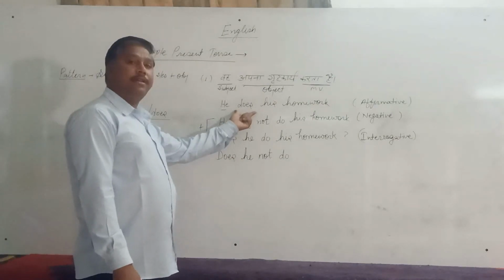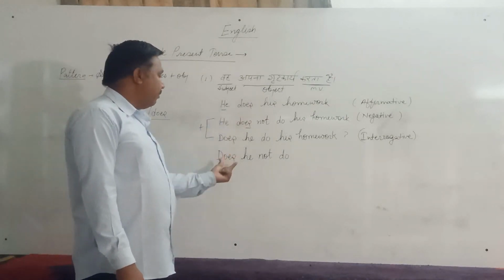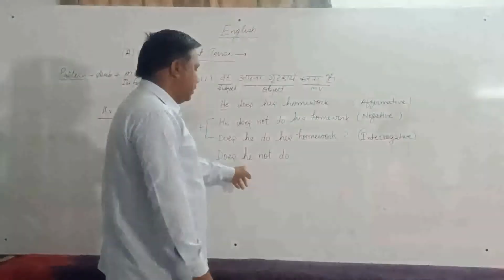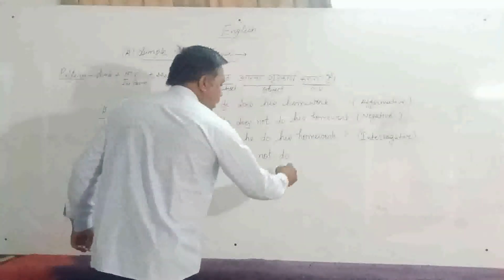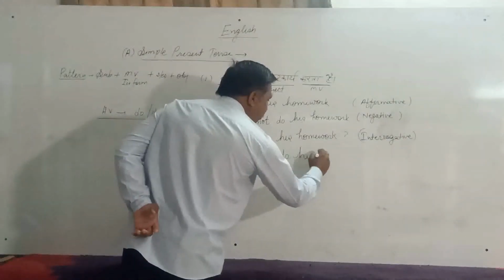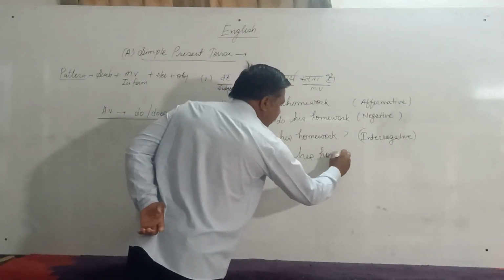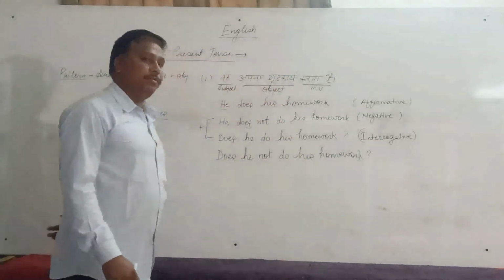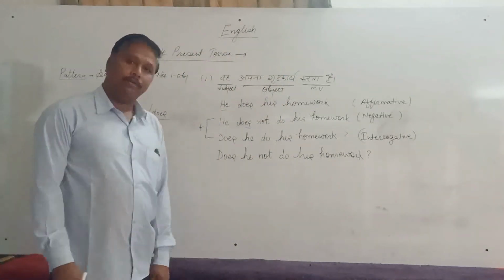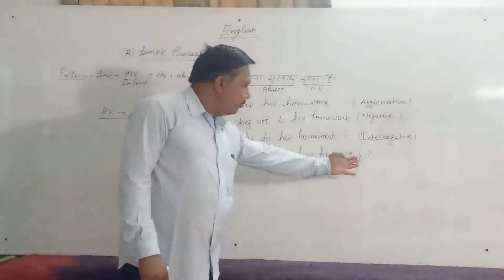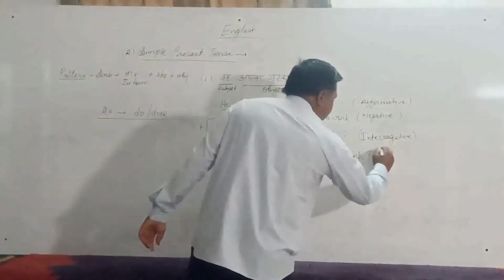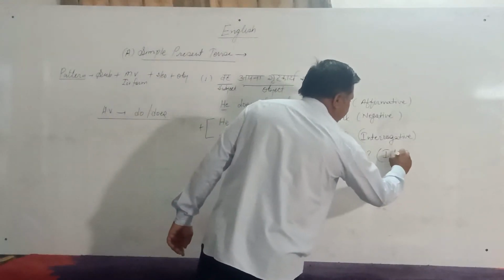Does is the main verb, but when we apply does here, it will change into do. Does he not do his homework? And then put a question mark, as it is interrogative also. This is our interrogative sentence.